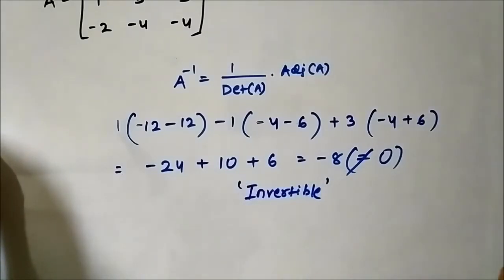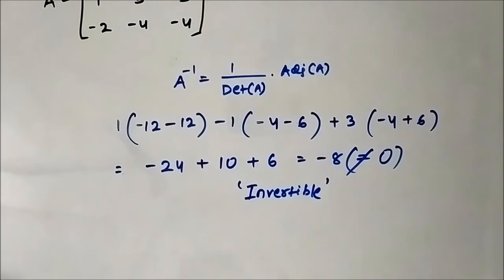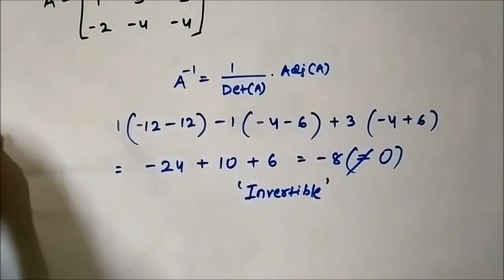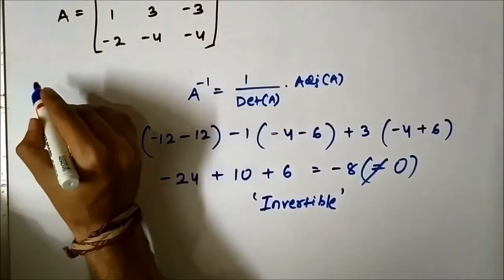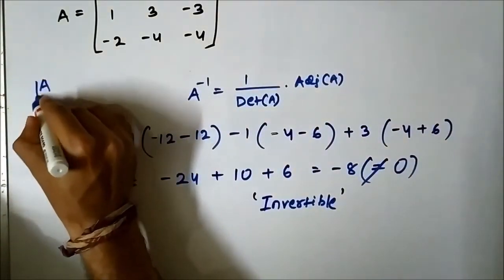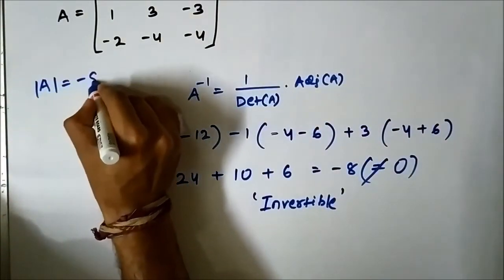Now let us start the process of determination of the adjoint. Let us write this value on the side. Determinant of A is equal to minus 8.